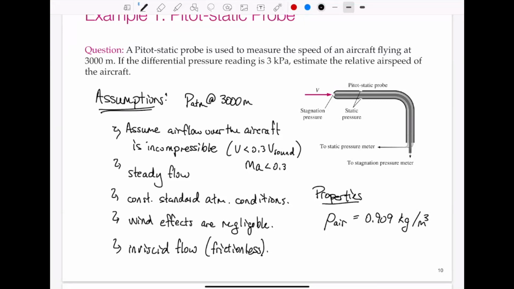So where should we choose our points? We're going to do our analysis. We're going to have a point 1 and point 2. So point 1 should be at the entrance of the tube whose opening is parallel to the flow. So that could be right here.